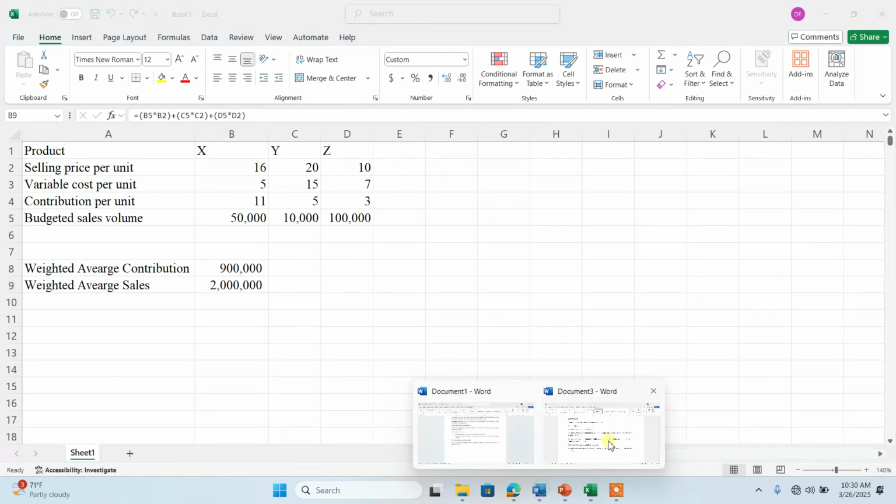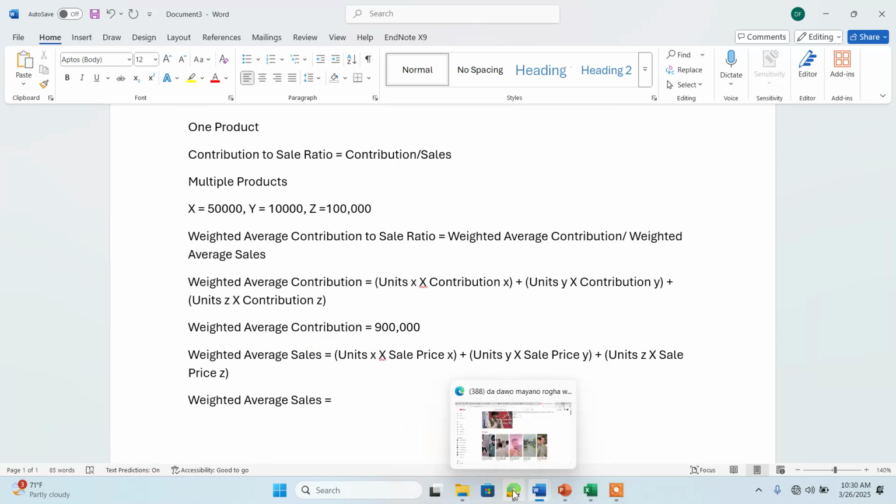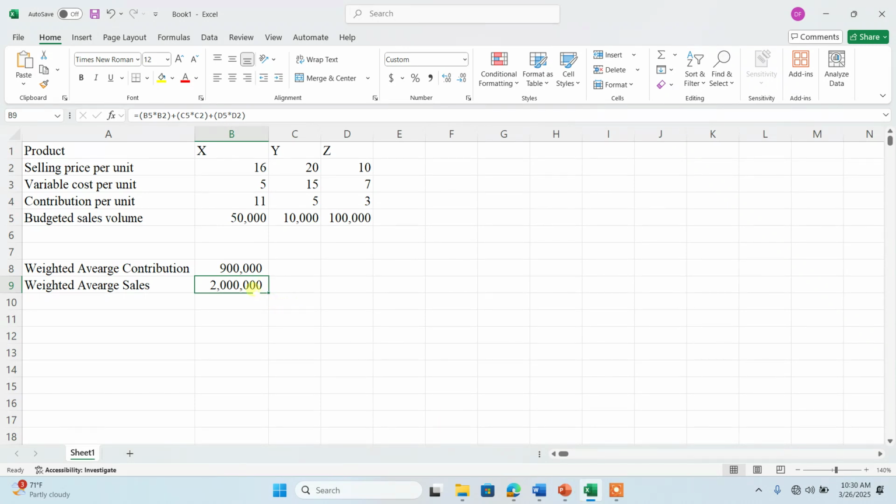Now I have the value of the weighted average sales also. I think it was 2 million.